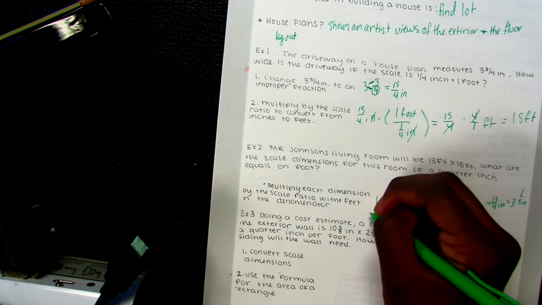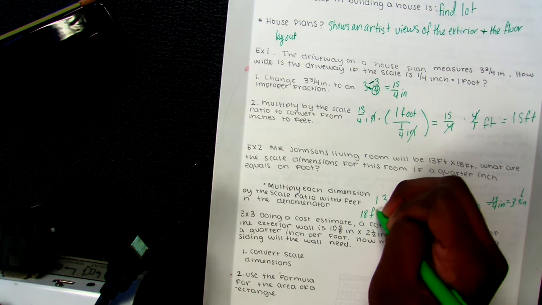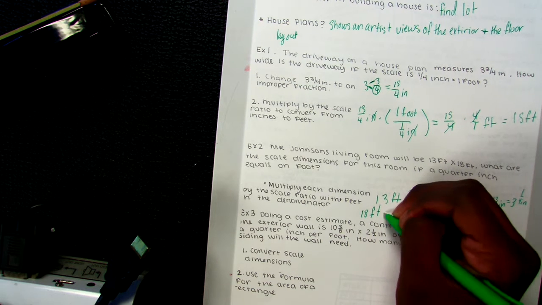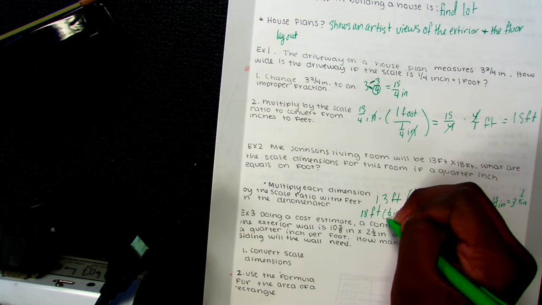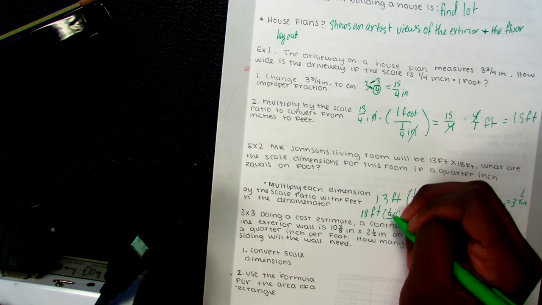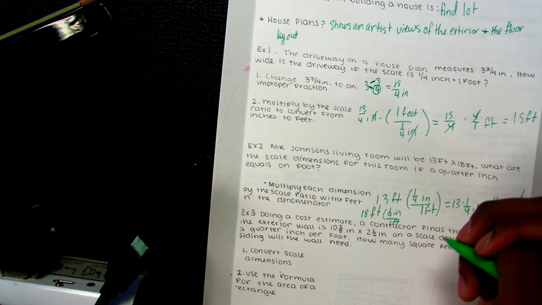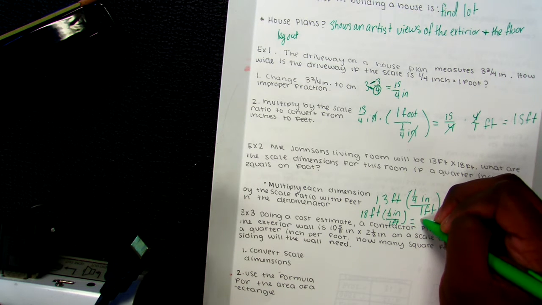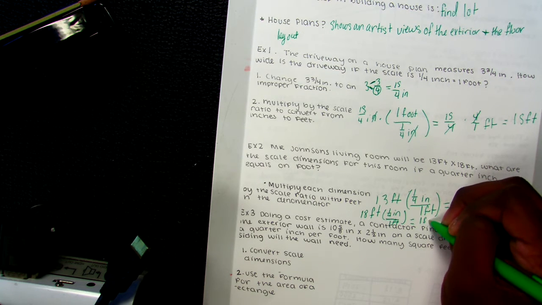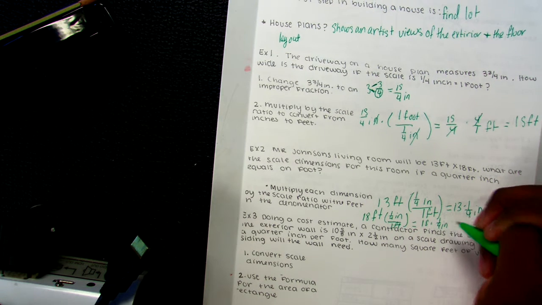Okay, so now the 18 foot. For 18 feet, you would do 18 feet times 1/4 inches over 1 foot, over the denominator, which is 1 foot, sorry. That would equal 18 times 1/4 inches, which would then be 18 over 4.